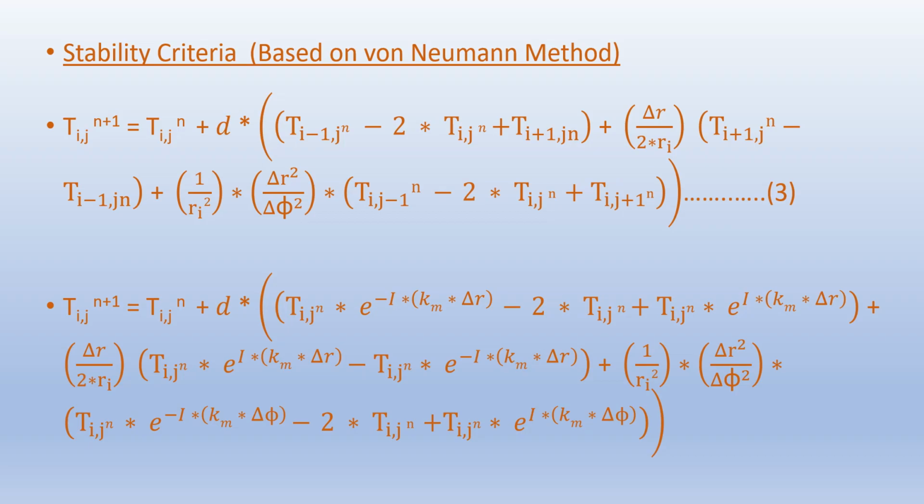So likewise we replace other variables such as T(i+1, j)^n, T(i, j-1)^n, and T(i, j+1)^n in terms of e^(-I theta) and T(i, j)^n, which is shown on the next line.